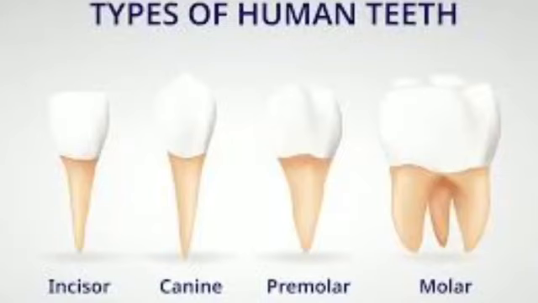Incisors are 8 in number, canines 4, premolars 8 and molars 12. So in total we have 32 teeth.